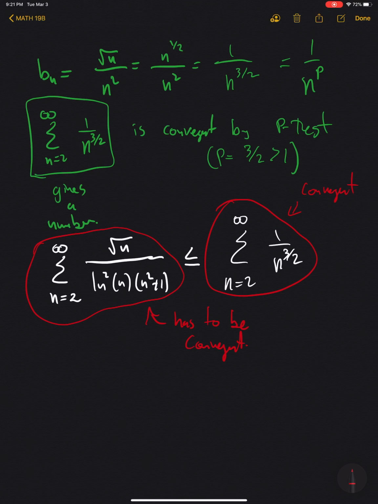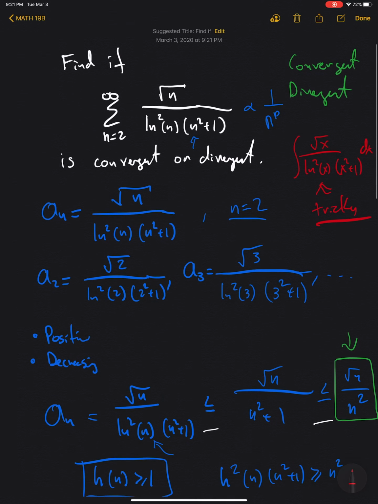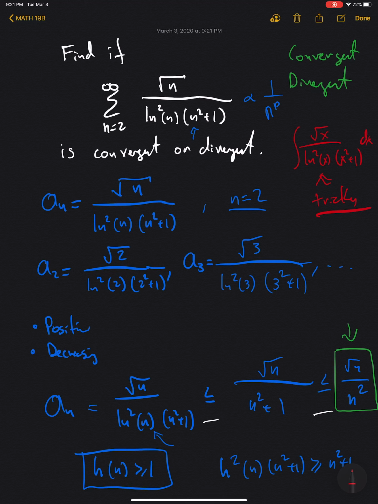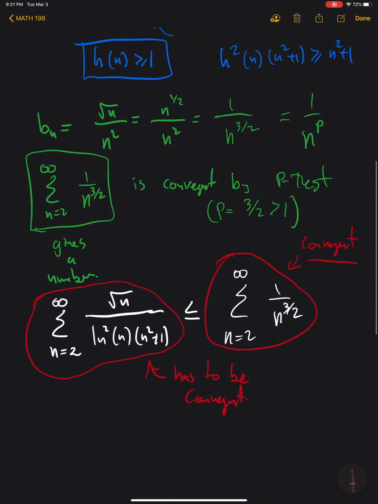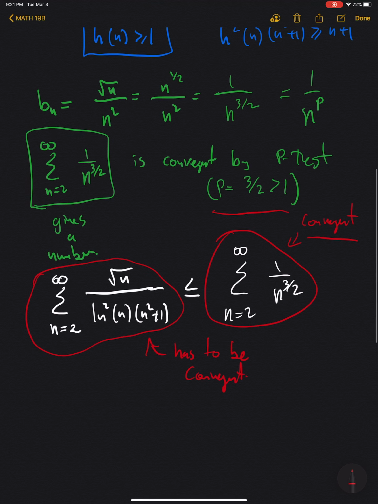Because it is bounded by something convergent, the original has to be convergent. That is what we did: we found a logical argument, by comparing these powers, that the original expression is actually convergent.